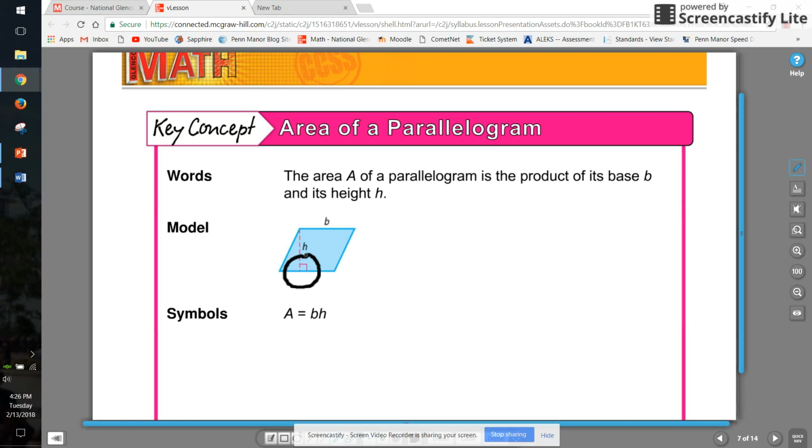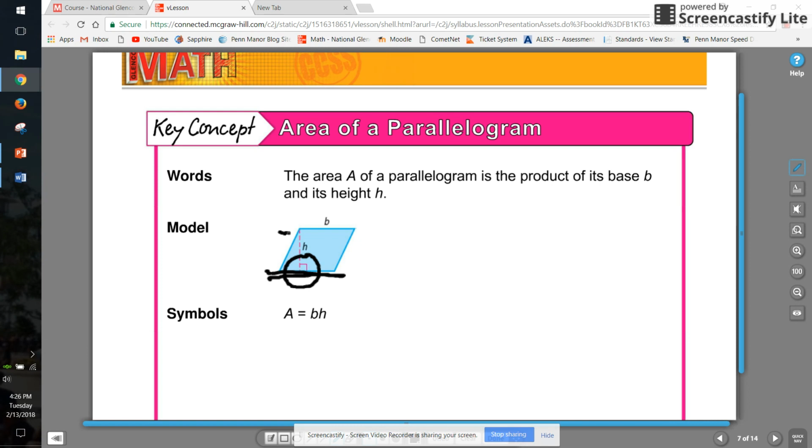In this case, that little symbol that I circled is touching both the base, which I think of as something that it's sitting on, and right now it's sitting on this, or maybe a table. And the height goes from down here all the way up to here on that red dotted line.